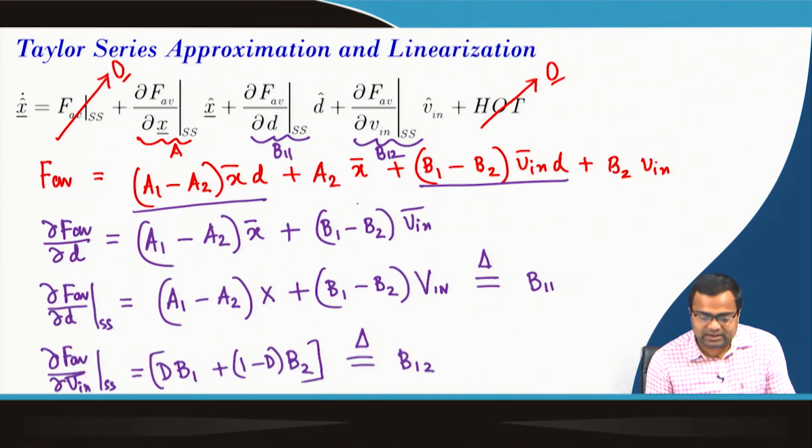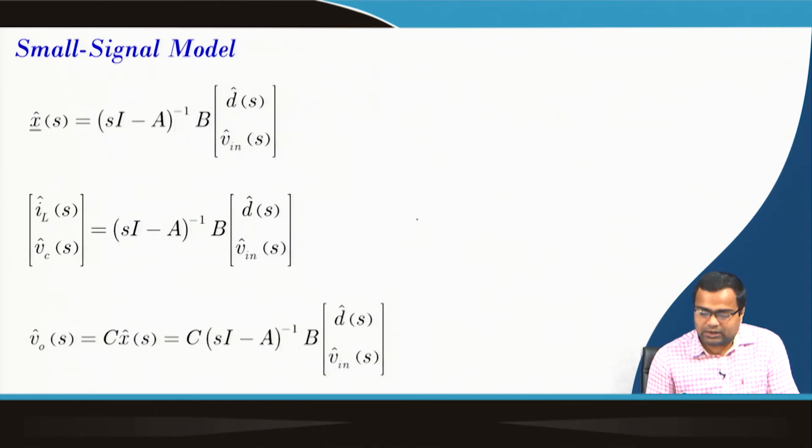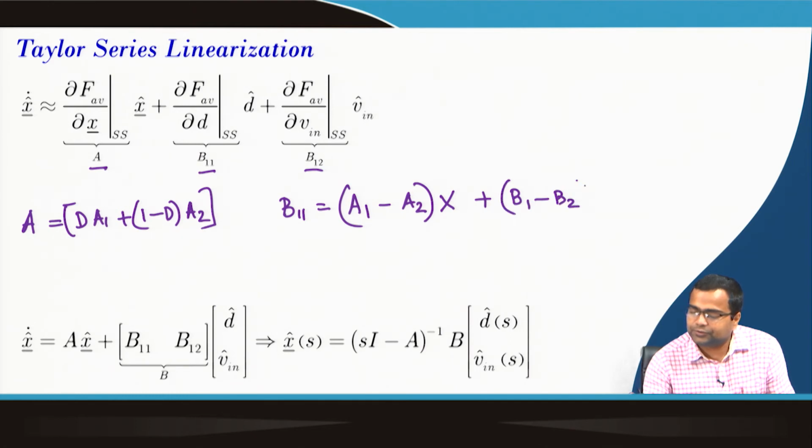If you go to the previous slide, B11 is (A1 minus A2) into capital X plus (B1 minus B2) into Vin.